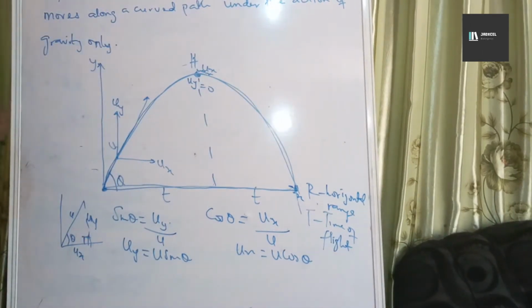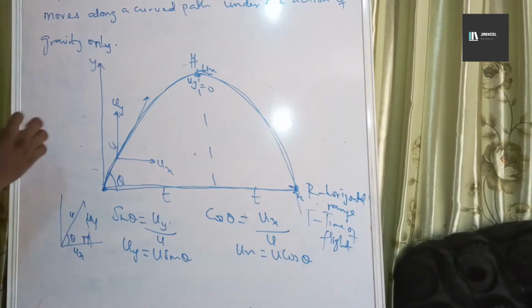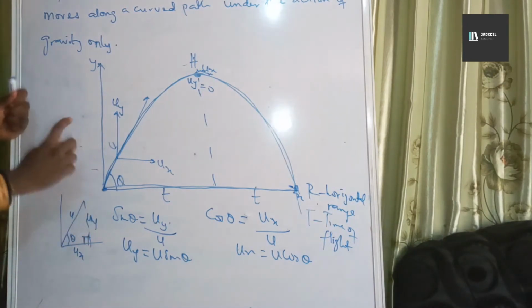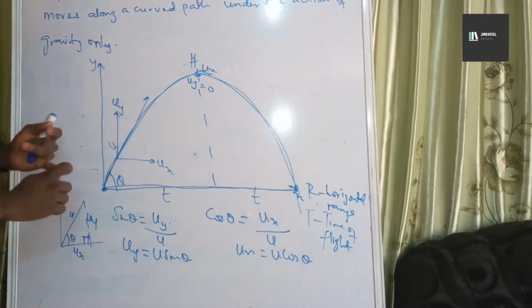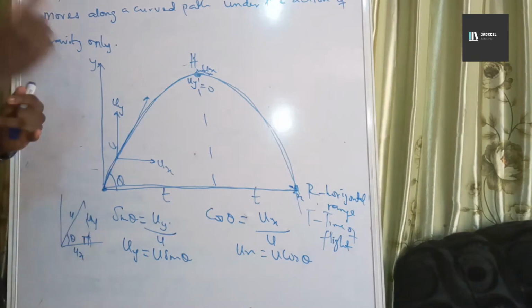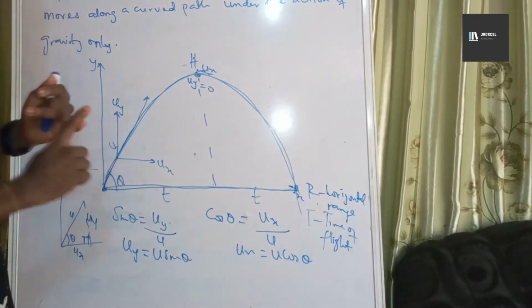Now projectile motion is very easy if you pay attention to the details in it. Number one, you need to understand that the motion is governed by gravity. It might be projected at an angle or horizontally or vertically upward, but at every point in time it is governed by gravity.